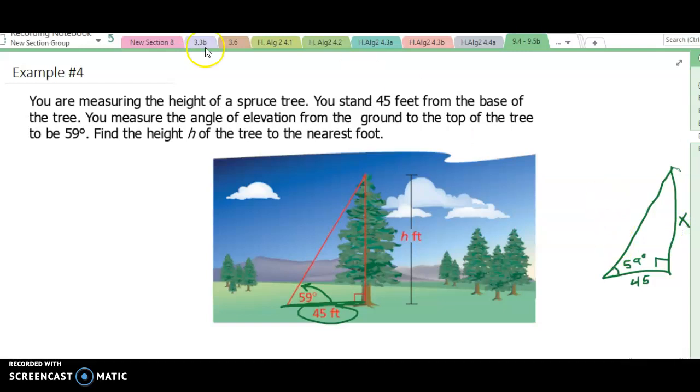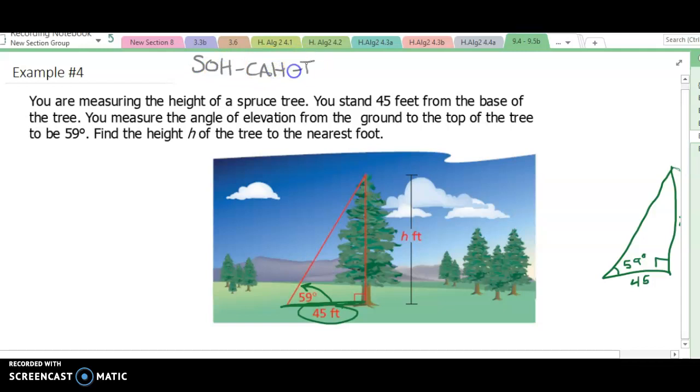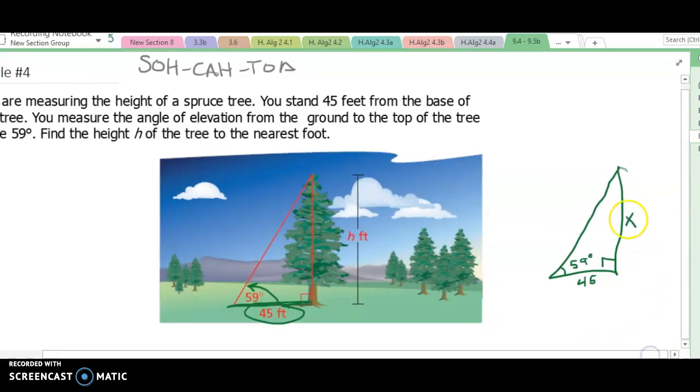Now, once again, this goes back to SOHCAHTOA. So if I label this, this is going to be my reference angle. So hypotenuse, opposite, and adjacent. I know my adjacent side. That's the value I have.